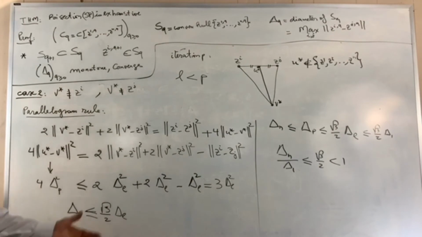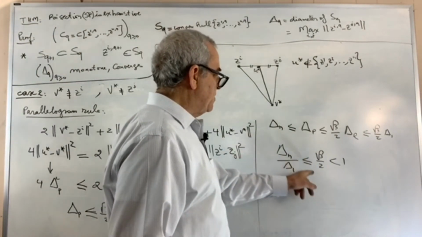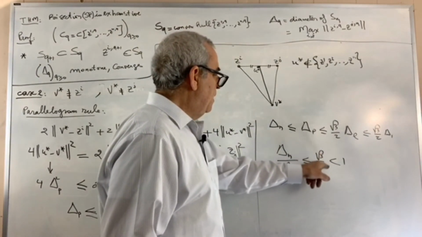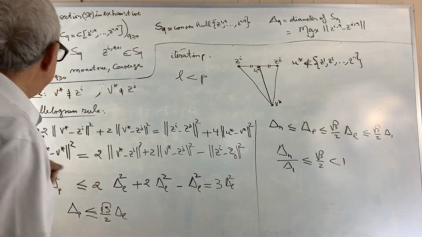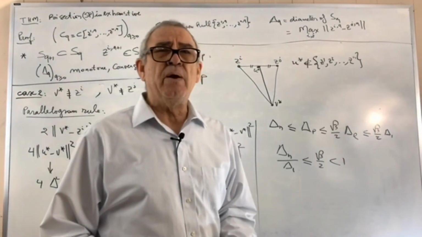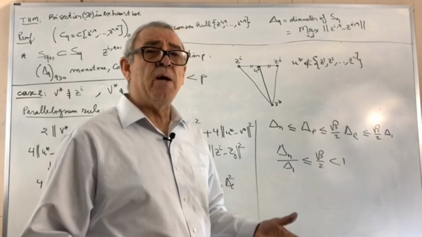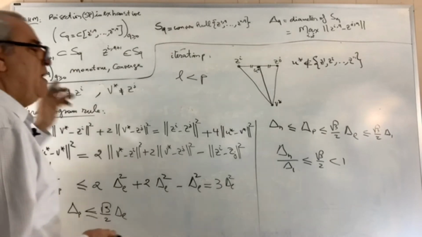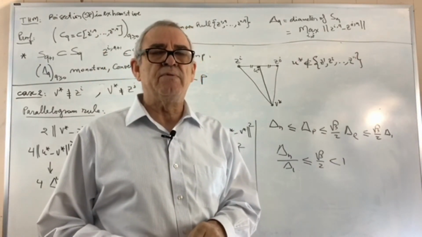Okay, so in both cases, in the previous case we showed that delta N over delta 1 is at most half, and in this case it is at most square root of 3 over 2. So in any case, the ratio of delta N to delta 1 is strictly less than 1, right? It's less than a number which is strictly less than 1. And therefore, from calculus, the sequence of the delta converges to 0. And that's the end of the proof that the bisection process is exhaustive.